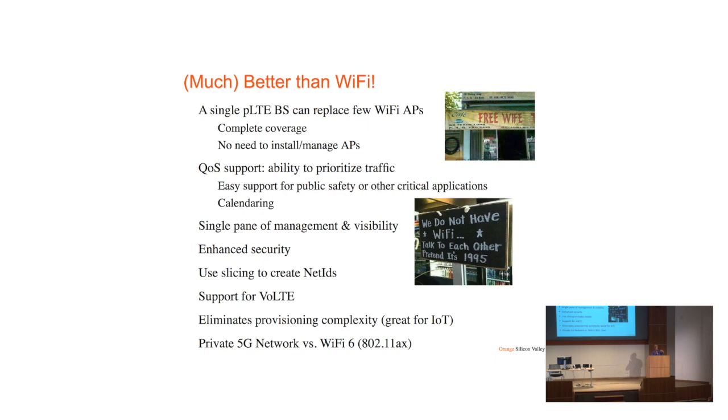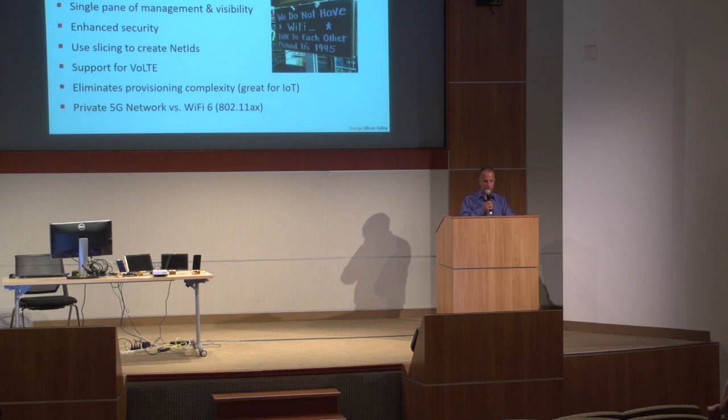For instance, the Port of Los Angeles is deploying private LTE today, and the idea there is that they need just one base station for coverage, instead of having to install and deploy a number of different access points. It can provide quality of service support that does not exist today in Wi-Fi. You can use slicing to prioritize traffic. Easy support for public safety applications.